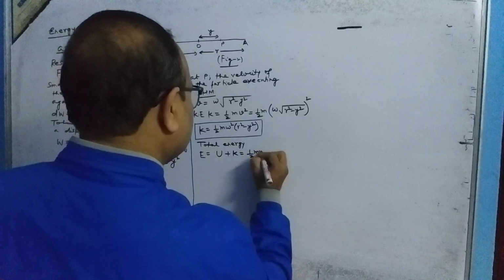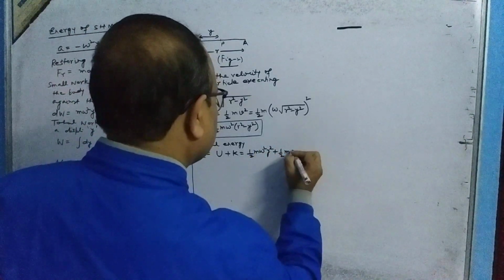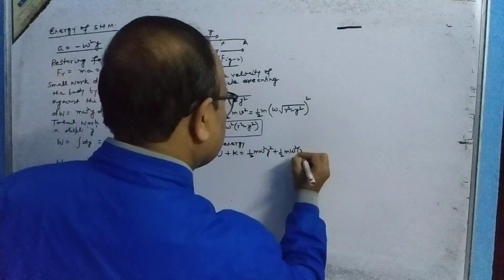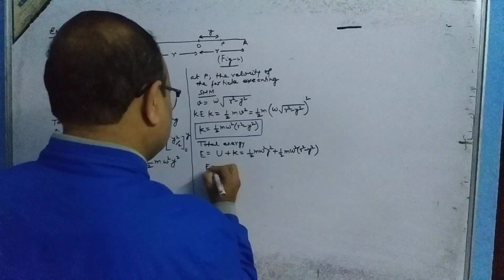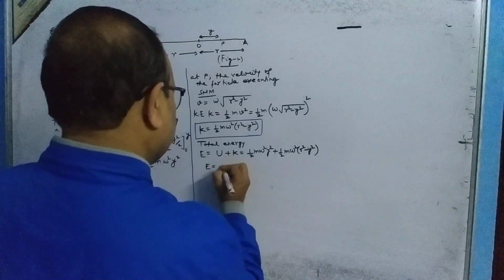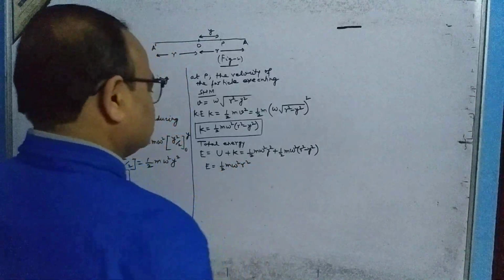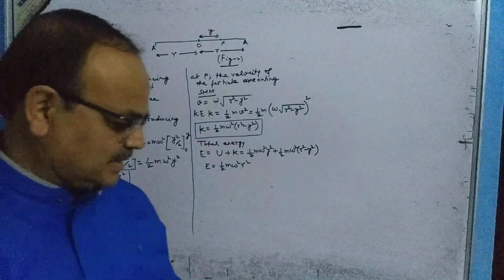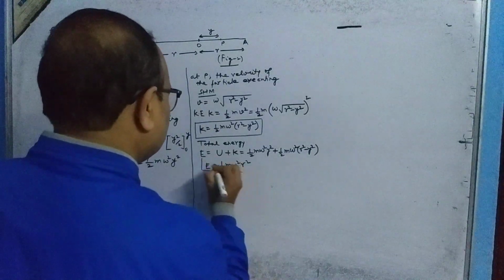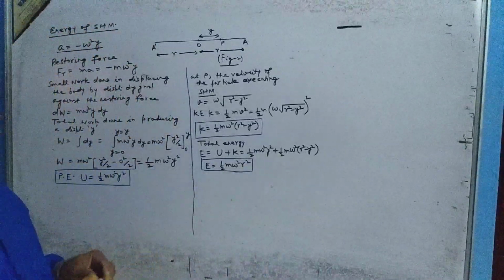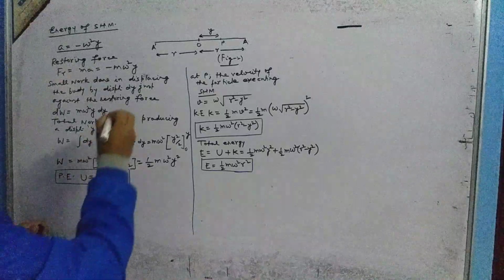Half m omega square y square plus half m omega square (r square minus y square). Then E should be equal to half m omega square r square, because y square will be cancelled. So see the expression for the total energy we got.